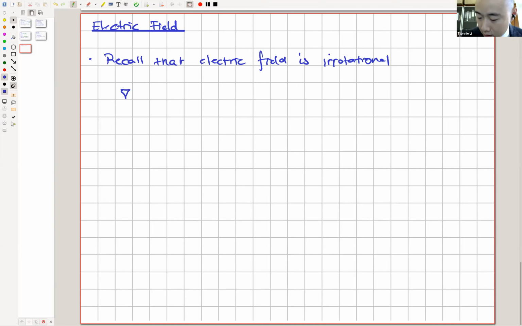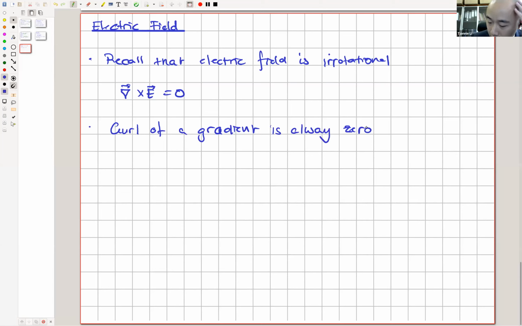This means that the curl of E equals 0. That's the first point. The second point is that the curl of a gradient is always 0. And so if I take the curl of a particular gradient, then I always get 0.